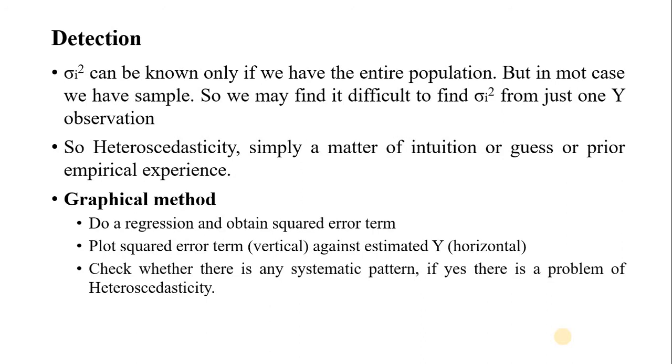Now, coming to how to detect whether there is an issue of heteroscedasticity or not. We have run a regression and obtained the results, and when we check the significance, all the parameters seem good.